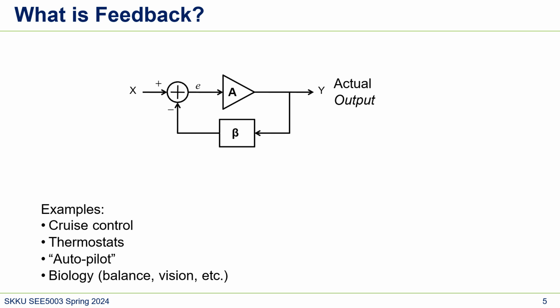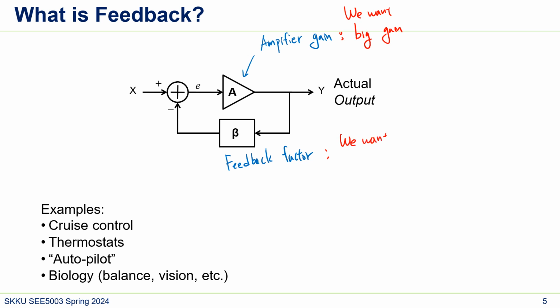And for a feedback system, we can represent the system like this. First, this one is the amplifier gain, and then beta is the feedback factor. Usually we need big gain. We want big gain. And for the feedback factor, usually we want it accurate.